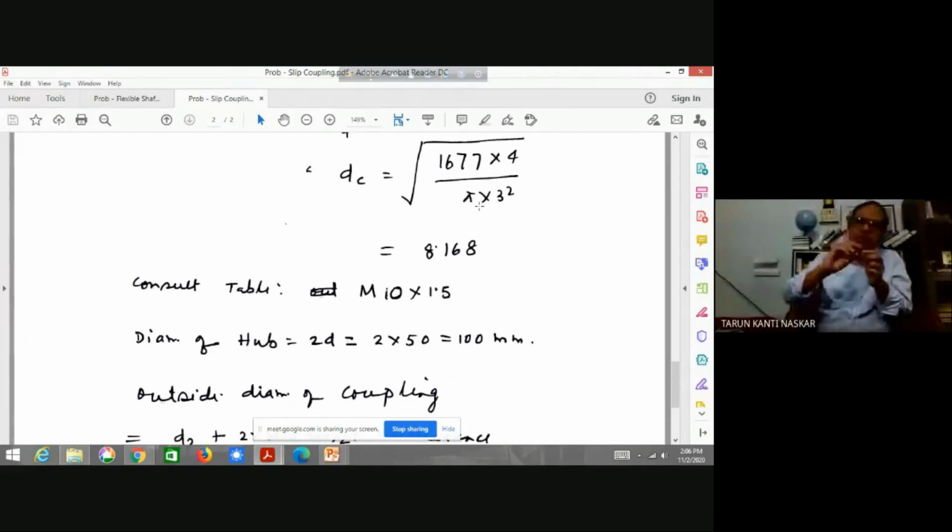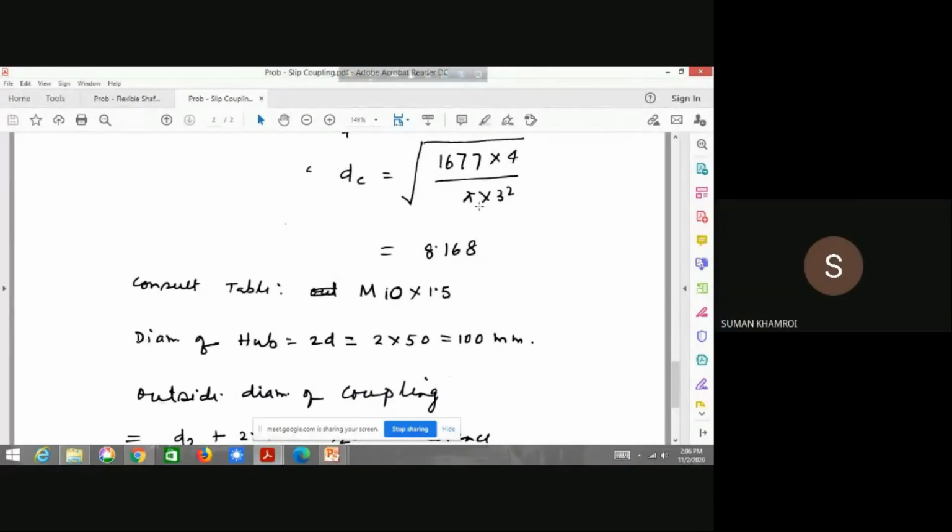Lower pitch means you get smaller displacement, and it is costly because manufacturing cost is high. Here it is not a sophisticated machine element, so we can use a coarse thread. If you design a fine thread, it will be costlier. Is it clear?